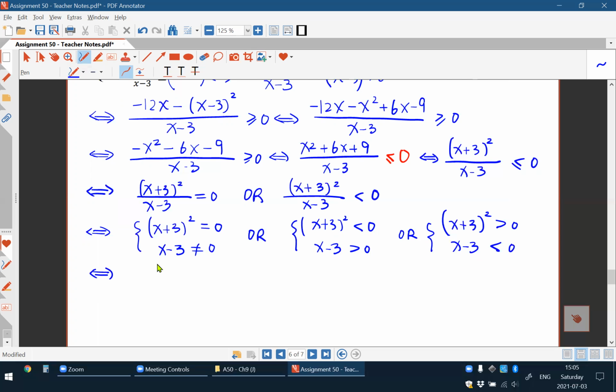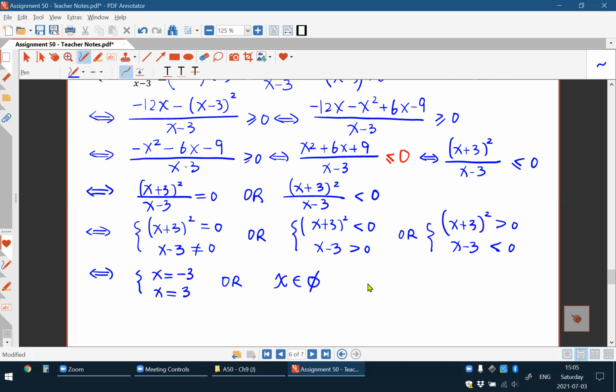Now let's solve this. x plus 3 squared is 0. That means x must be minus 3, and at the same time, x cannot be 3. Or, again, something squared is less than 0. This means no matter what x is, this cannot happen because something squared cannot be smaller than 0. So the solution of the second problem is an empty set, meaning there's no solution.